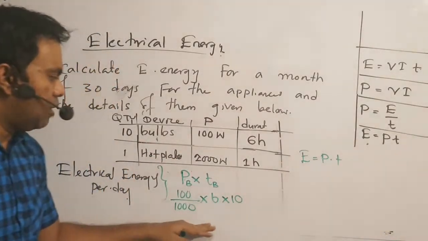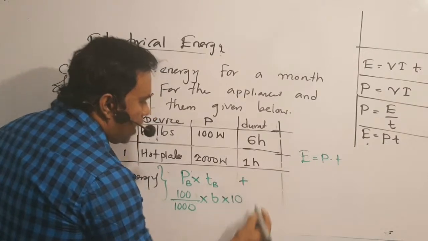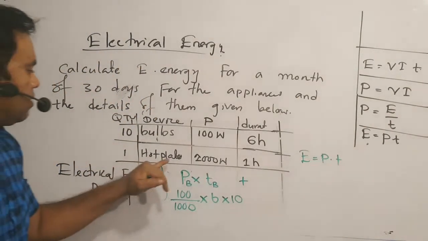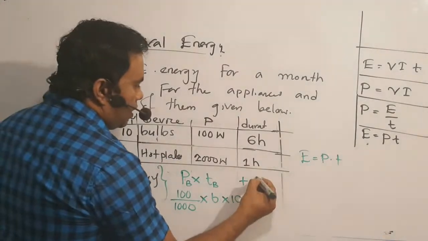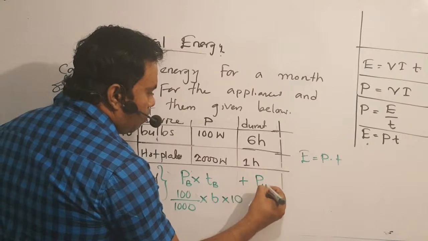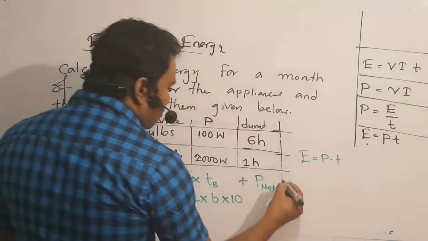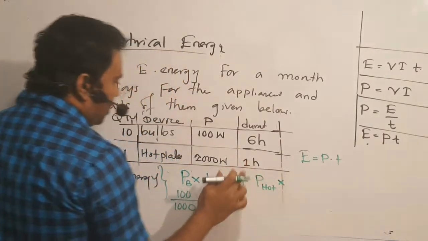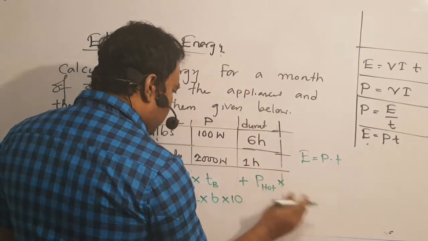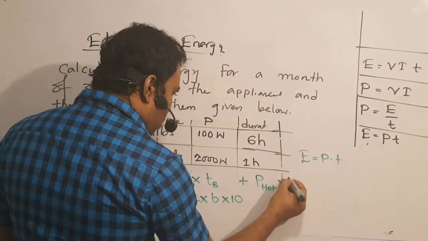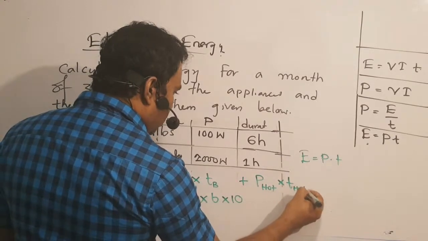So this is the energy absorbed by bulbs. Next, I add the energy absorbed by the hot plate. I write power of hot plate, P hot, and the time duration per day is 1 hour. I put the time duration of the hot plate as T hot.